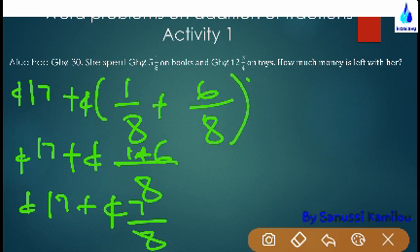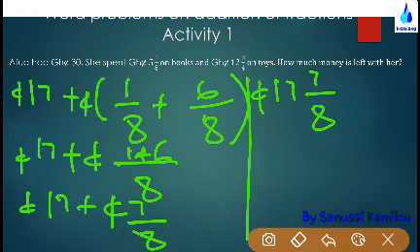Don't forget that we have learned that this one is the same as 17 cedis whole number 7 out of 8. Do you remember? So this is what we have gotten. We have gotten 17 whole number 7 over 8 is what Efia has spent.